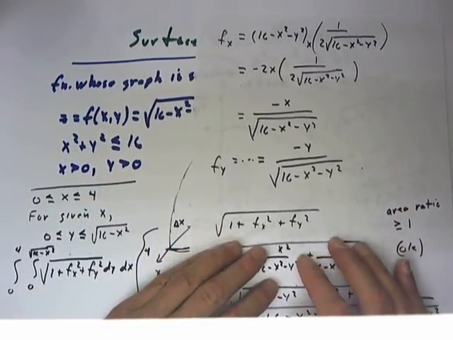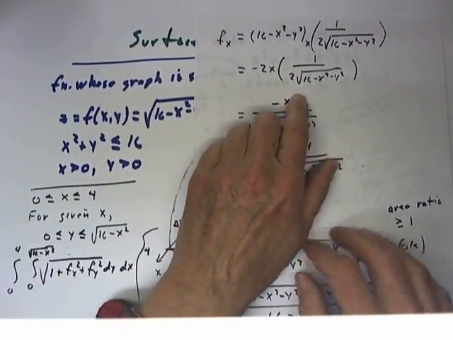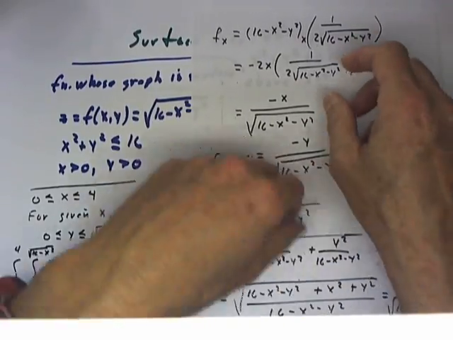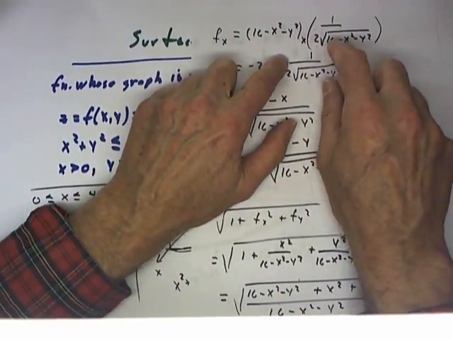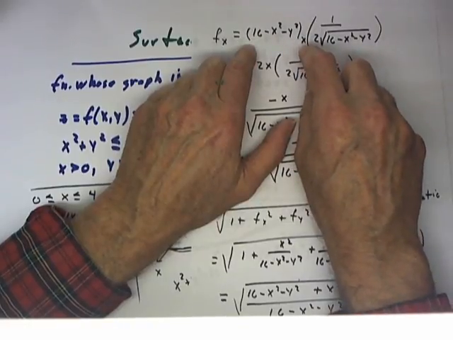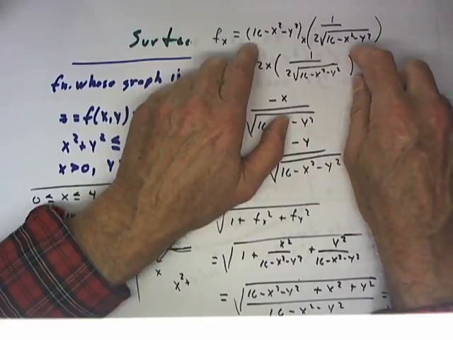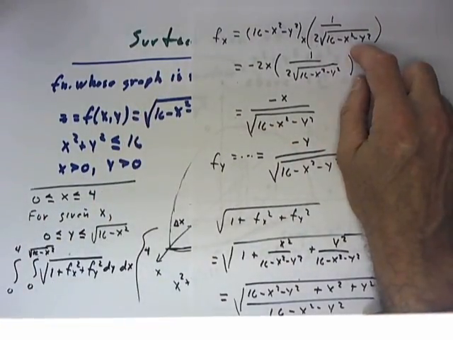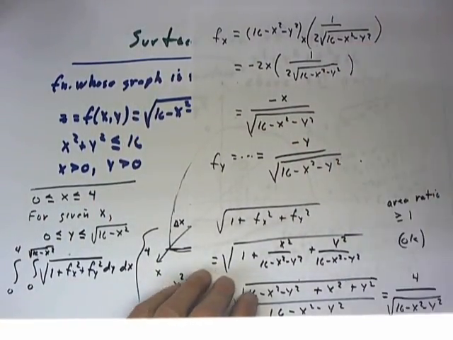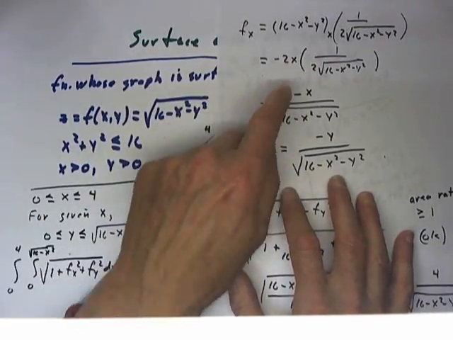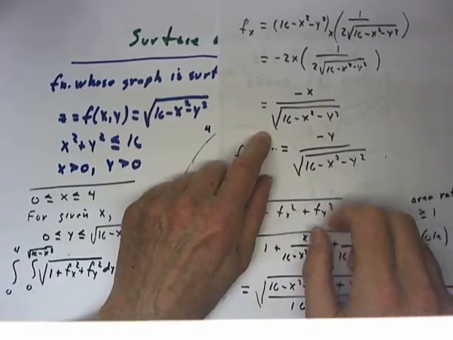Just briefly, fx is going to be the derivative of the inner function 16 minus x squared minus y squared, that derivative with respect to x, times 1 over 2 times the square root of 16 minus x squared minus y squared, giving us for this function fx equals negative x over this square root.